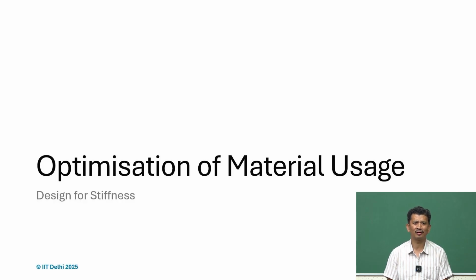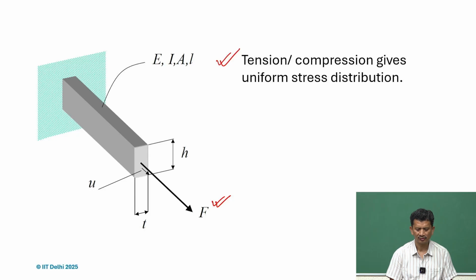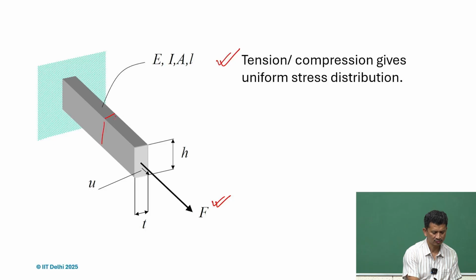So, today we will talk about design for stiffness, and today we will concentrate on optimization with respect to material usage. As we discussed earlier, if there is an axial force on a member, either in tension or compression, the entire cross section, whatever area we have here, the load will be distributed all over the area and the stresses will be uniform.